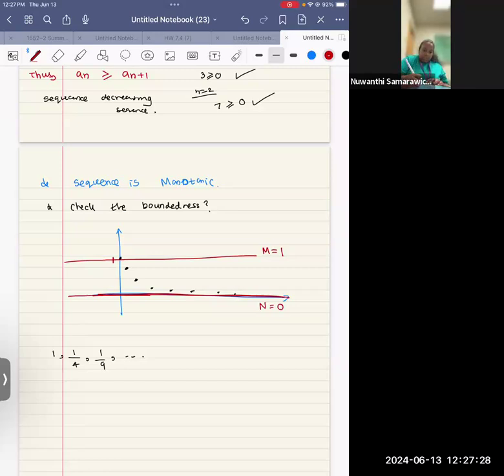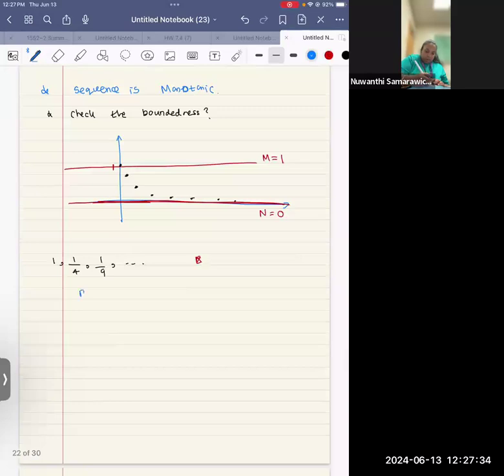So this means your sequence is bounded above by 1 and bounded below by 0.